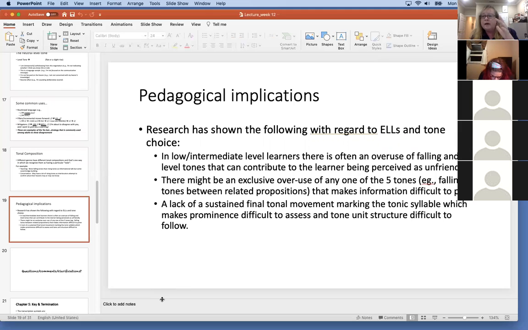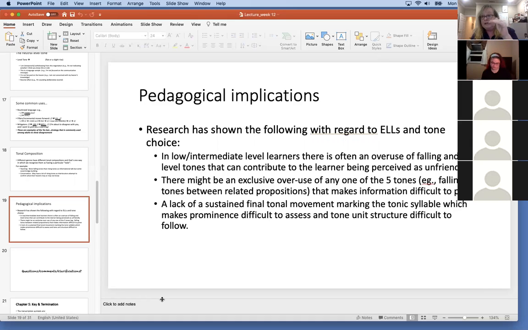But there also might be, in other cases, learners who focus on one tone and have an exclusive overuse of one tone. This could be a rising tone, this could be a falling tone. More often than not it's a falling tone, not a rising tone. So for example, you have two related propositions.